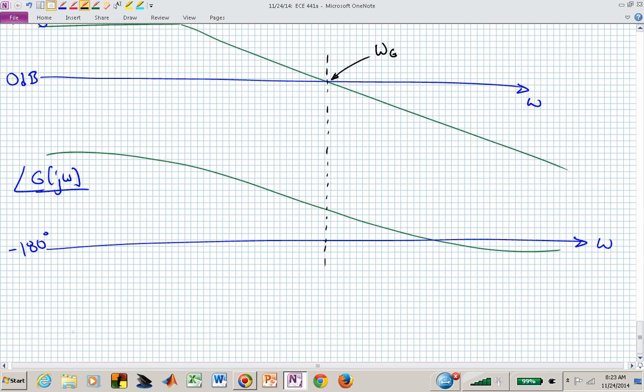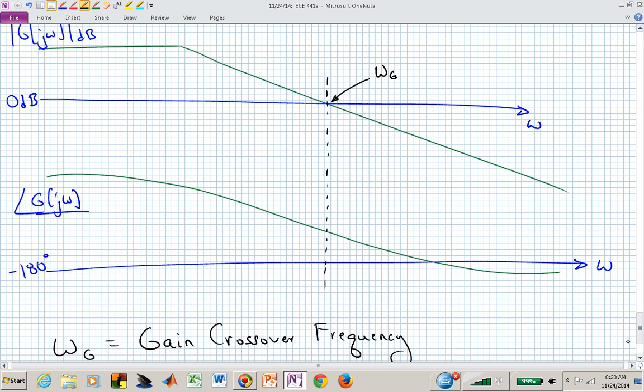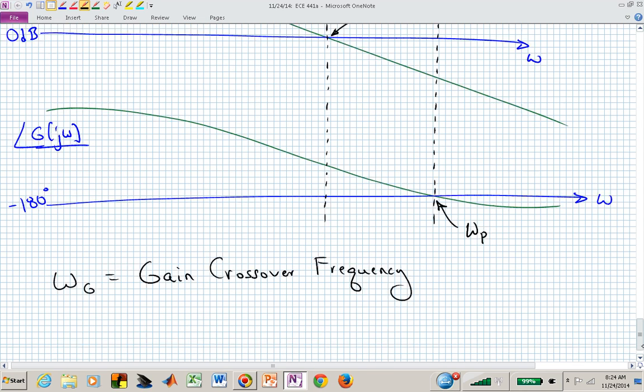Omega sub g is the gain crossover frequency. We also have a frequency where the phase curve goes through minus 180. We'll call that omega sub p, and that's going to be our phase crossover frequency.